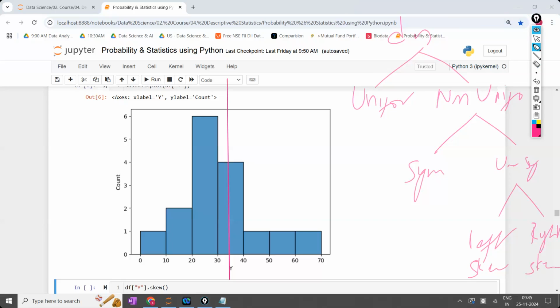Within the distribution, uniform and non-uniform. Within the non-uniform, again two types, symmetrical and unsymmetrical. Within the unsymmetrical, left skewed and right skewed. Unsymmetrical, non-symmetrical, all the names are the same; you can choose accordingly.